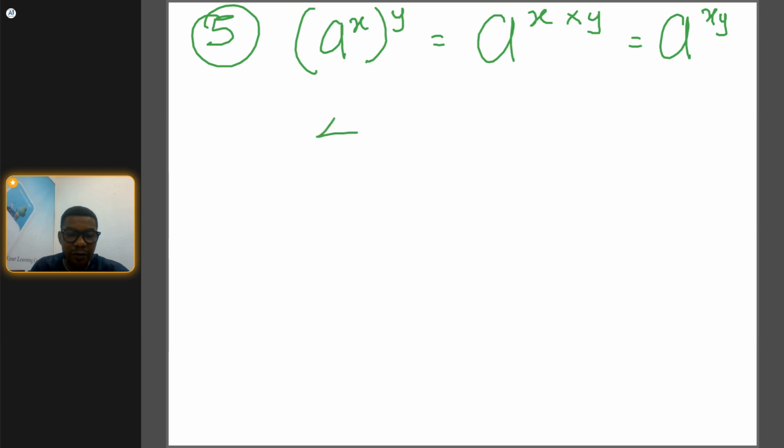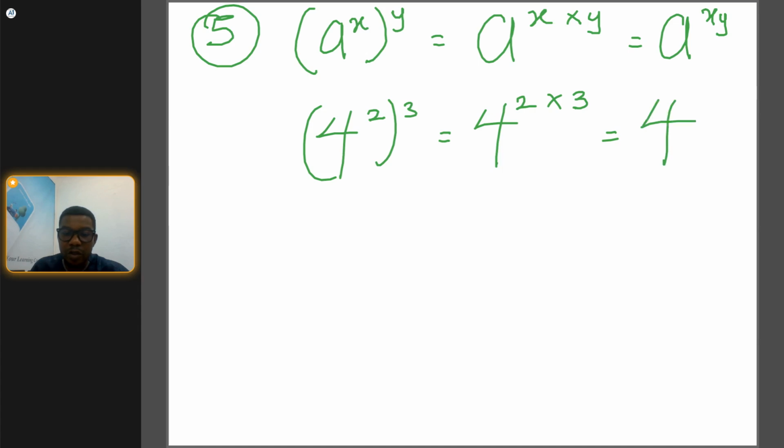So let's say we have 4 raised to power 2, open and close the bracket, raised to power 3. This should give us 4, the power is 2 times 3, which is 4 raised to power 6.